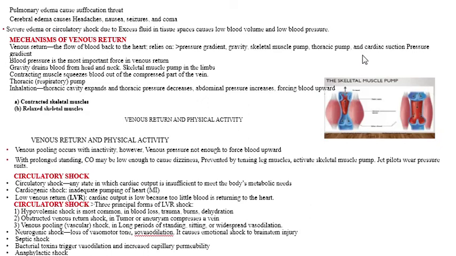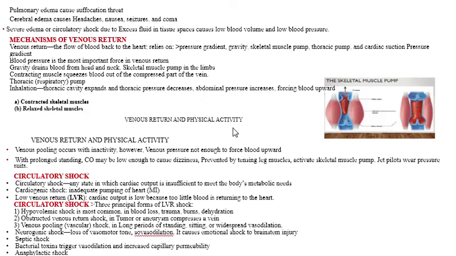Abdominal pressure increases, also forcing blood upwards. So there is contraction of muscle and relaxation of the muscles. Venous return and physical activity, as I talked about before. Okay, so venous blood will be pushed against gravity, from the leg above to the abdomen and then to the chest, to the heart.